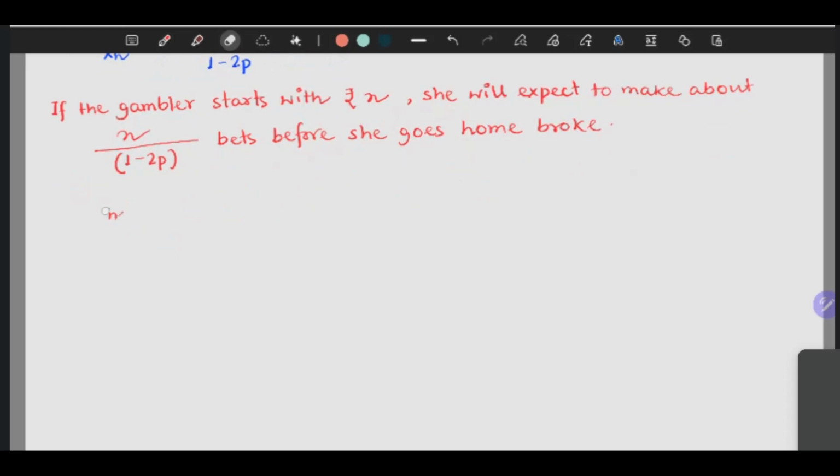So, sorry, let's see. The expectation of losing money at each bet was 1 into 1 minus p plus minus 1 into p.